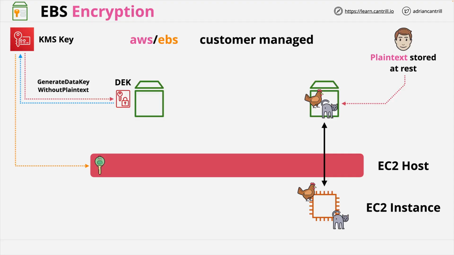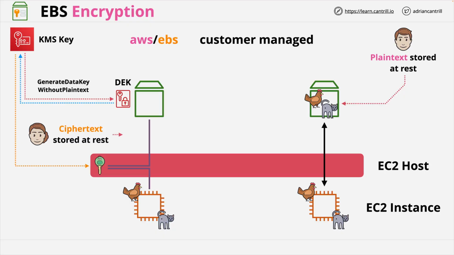volume currently. So the key is used by the host to encrypt and decrypt data between an instance and the EBS volume, specifically the raw storage that the EBS volume is stored on. This means the data stored onto the raw storage used by the volume is ciphertext. It's encrypted at rest.